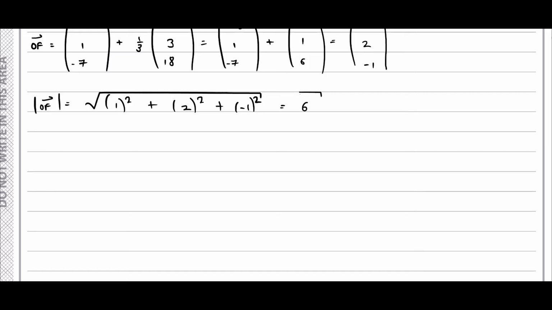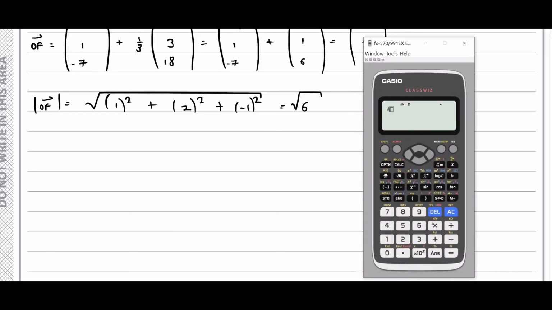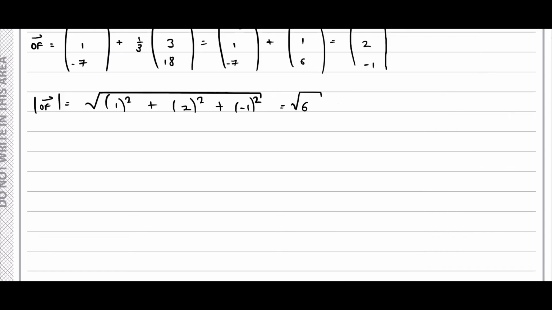Now root 6, if I work this out on the calculator, is equal to 2.44, etc. And obviously this is greater than the 2. And because of that, we can conclude that the octopus cannot catch the fish. Okay?